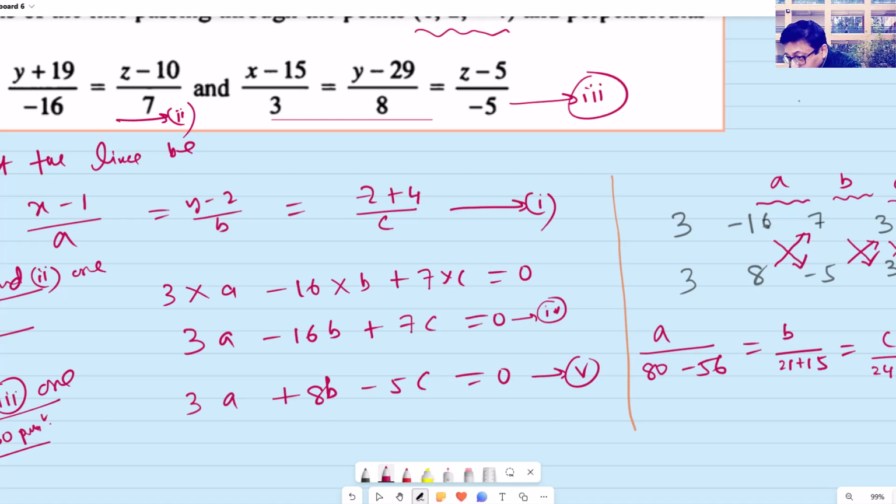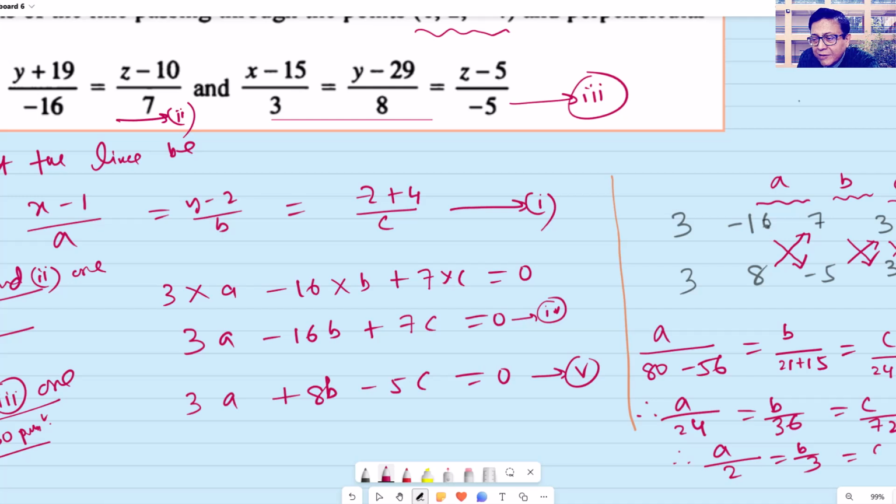I mean the product when you consider 3 into 8 is positive, but 3 into minus 16, minus 48, will be plus. So this is going to be A by 24, B by 36, C by 72. So A by 2, B by 3, C by 6. ABC ratios you have got, and that is enough.